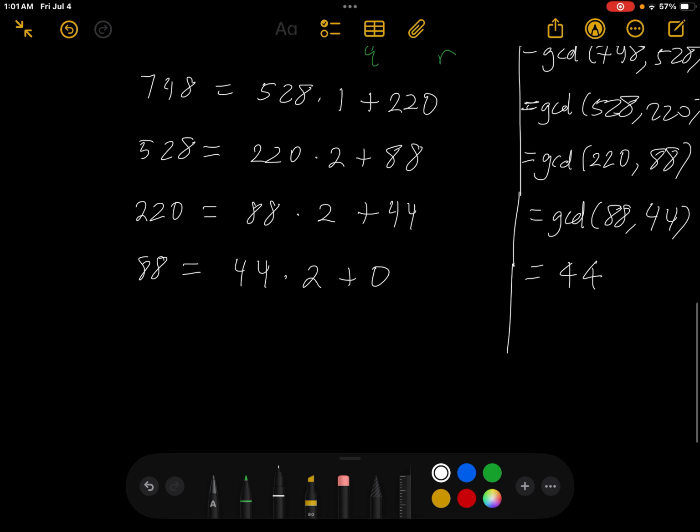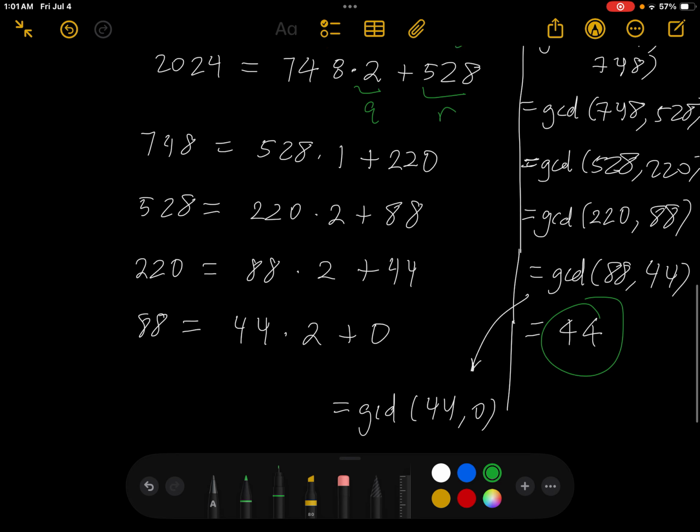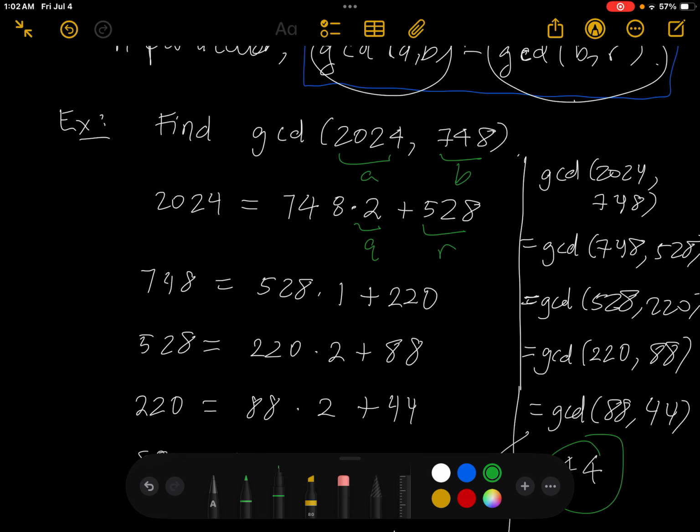If you wanted to, this is sort of an extra step, it would be the GCD of 44 and 0. Now, 44 is a divisor of 0 because 0 is 44 times 0. So 0 is divisible by 44. And 44 is divisible by 44, and therefore 44 is the greatest common divisor of 44 and 0. So the GCD of 2024 and 748 is 44.